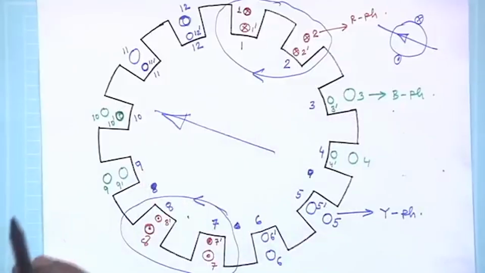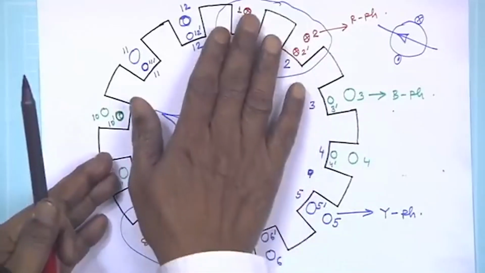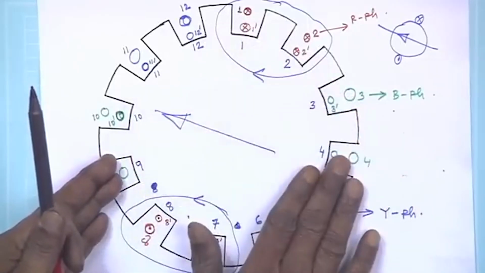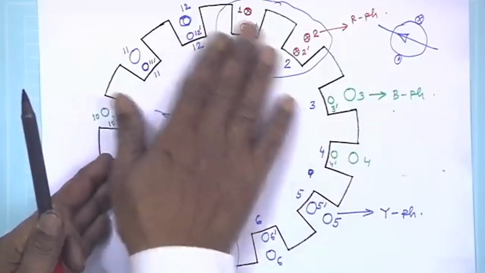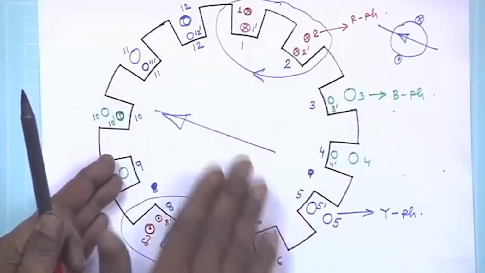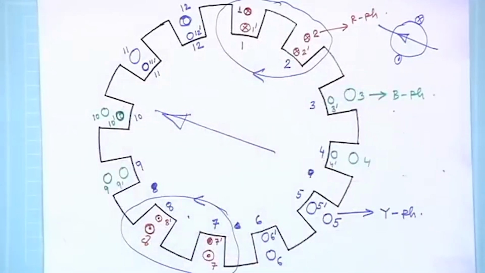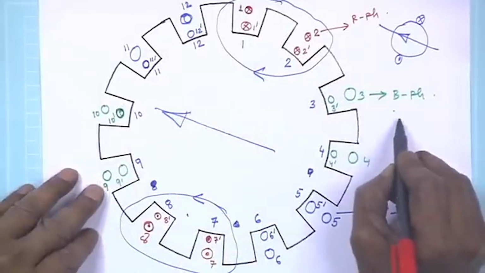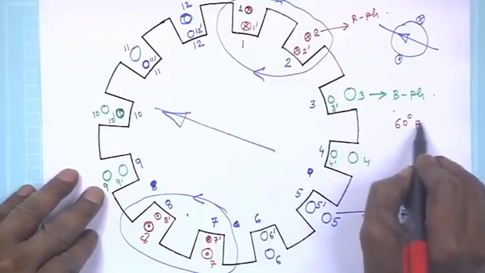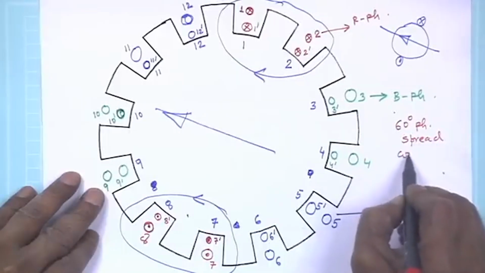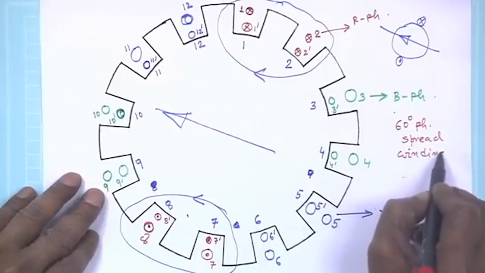It is very tempting to draw R, Y, B, but no, not like that, it actually comes B negative. But whatever it is, 180 degree is shared by all the 3 phases equally, and that is why this type of winding is called 60 degree phase spread winding. So, this is the 60 degree phase spread winding.